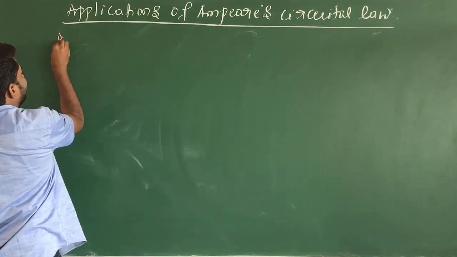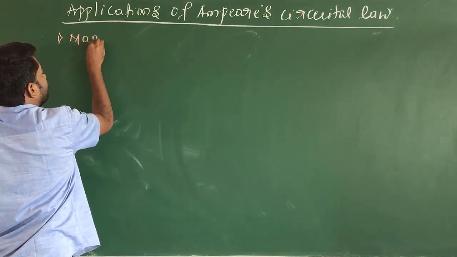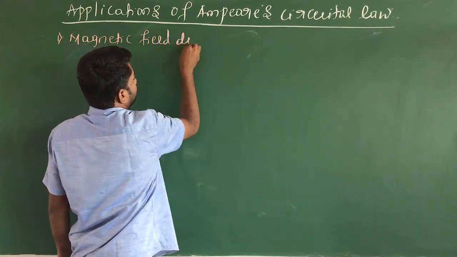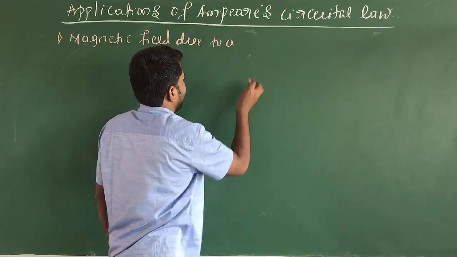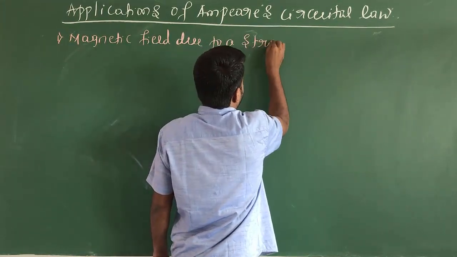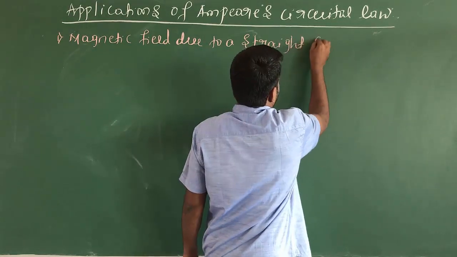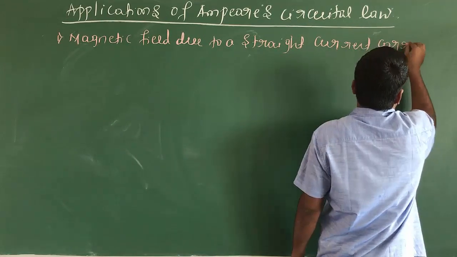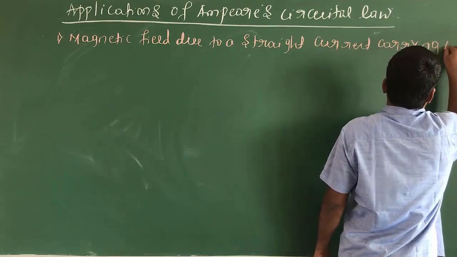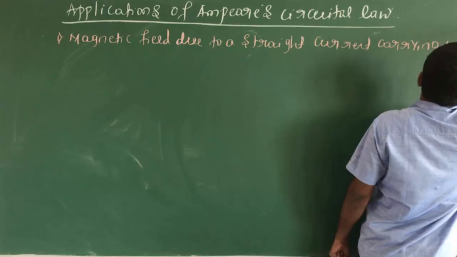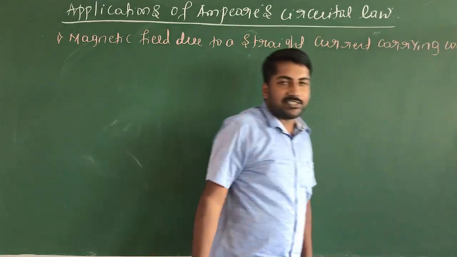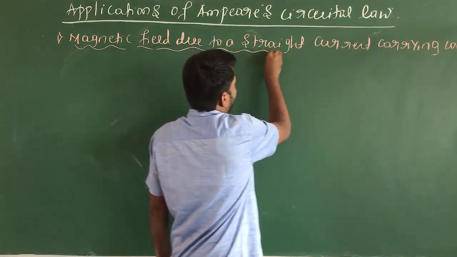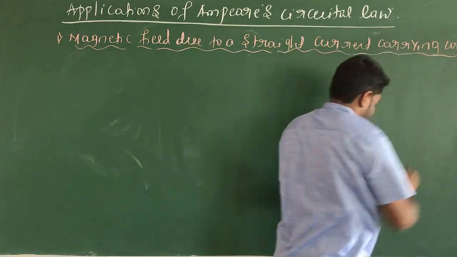The first application is magnetic field due to a straight current carrying conductor. Magnetic field due to a straight current carrying conductor. This is the first application of Ampere circuital law.